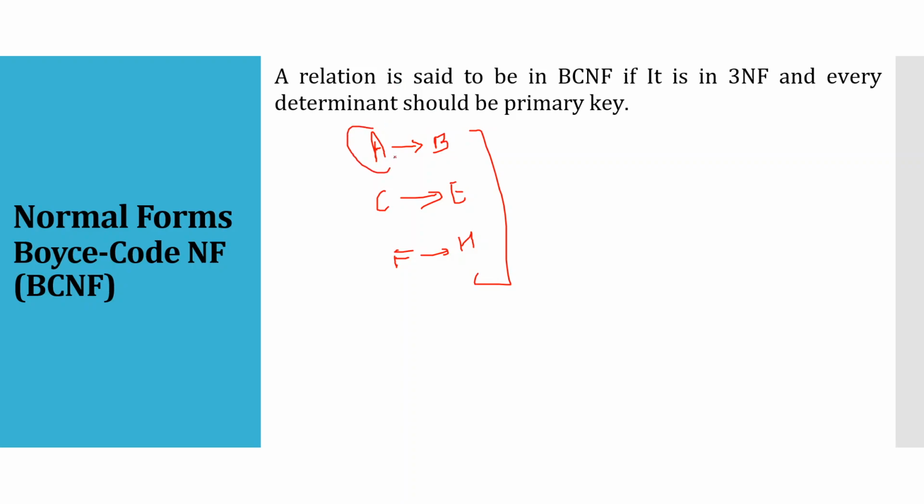So here A should be a primary key, C should be a primary key, and F should be a primary key. Whatever columns or set of columns determines other set of columns should be a primary key. So this is what the meaning of determinant is.